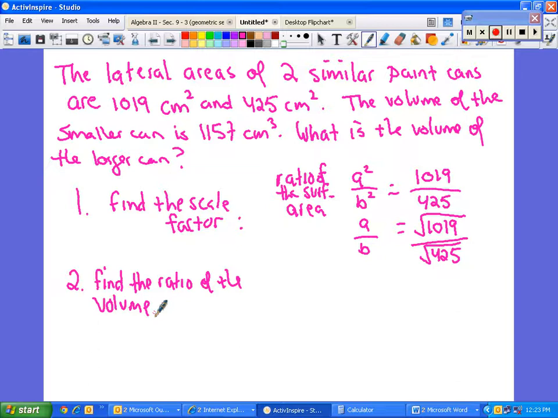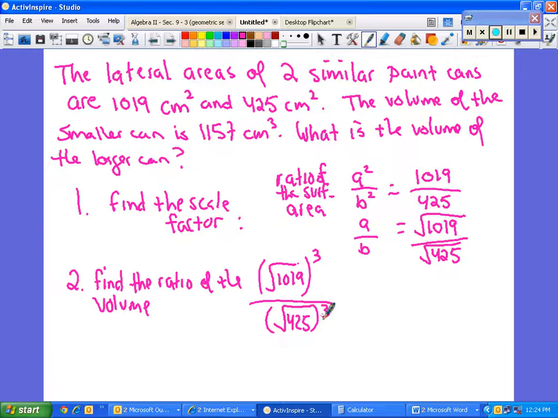What power do I need to raise those numbers to? The third power. So the ratio of the volume is the square root of 1019 raised to the third power, divided by the square root of 425 raised to the third power. And because of the types of numbers we're dealing with, you don't want to get decimals for those. Okay?